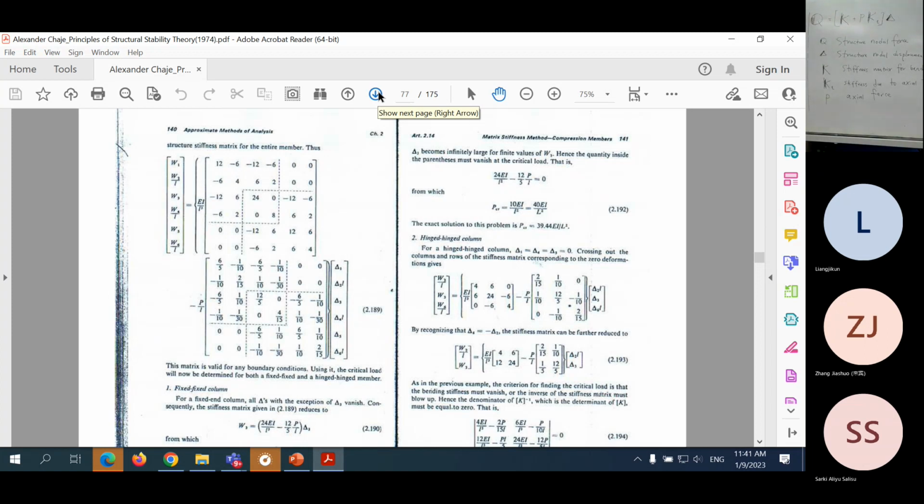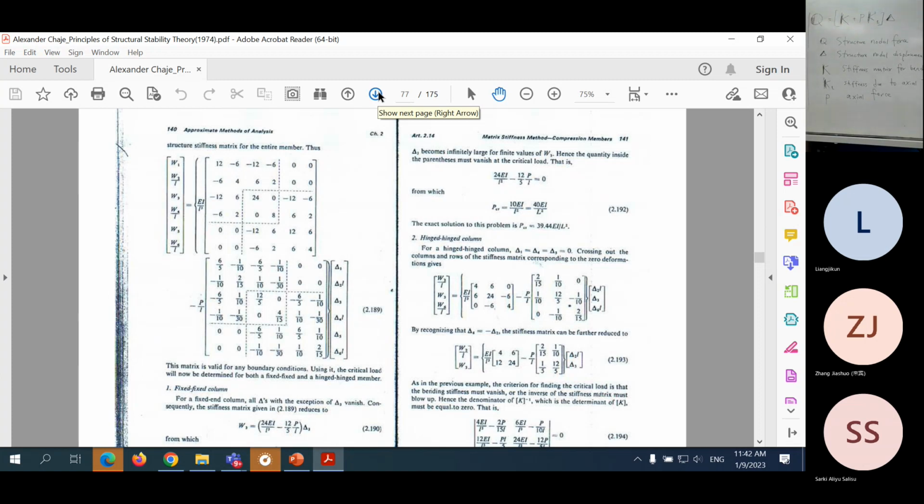Okay. So what you will get after you consider support conditions is that this big matrix will be reduced. Now you have six rows, 6 columns, because for the structure displacement there are 6 in total. Now, some of these, when we consider fixed or pin, will become 0.